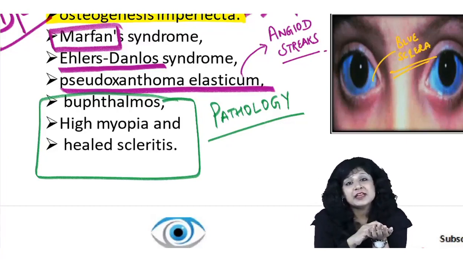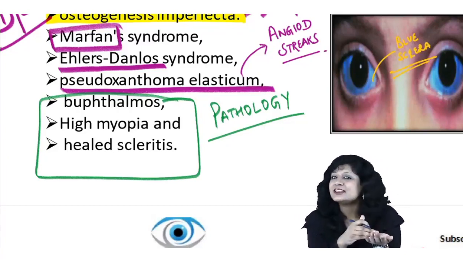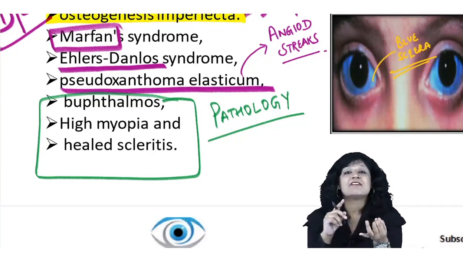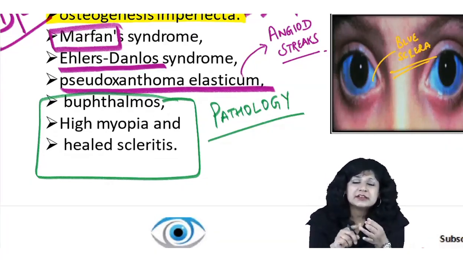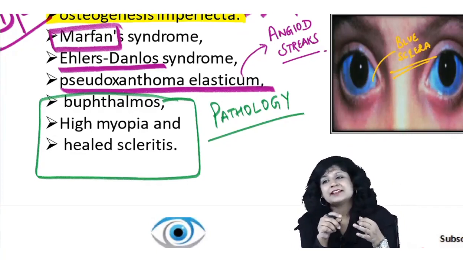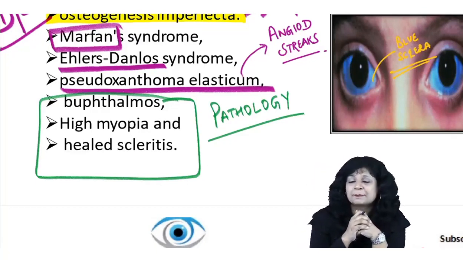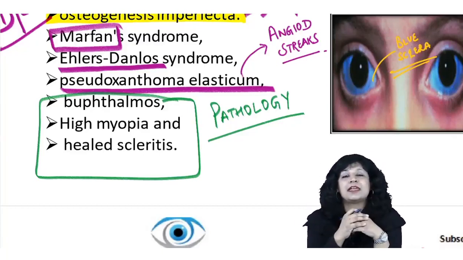So if you think about ophthalmology now, that is your congenital glaucoma. If I am talking of a baby who is having the blepharospasm, the photophobia, the lacrimation, corneal edema, there are so many things, and then I say that there is some bluish appearance of the sclera, or maybe they have given you the image.